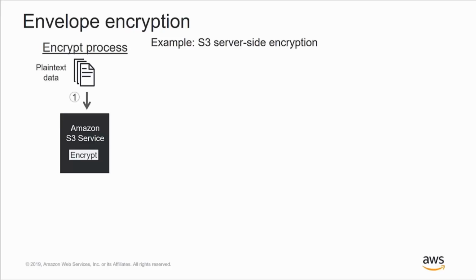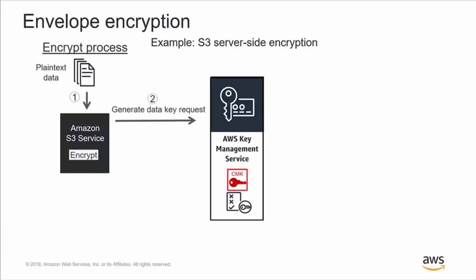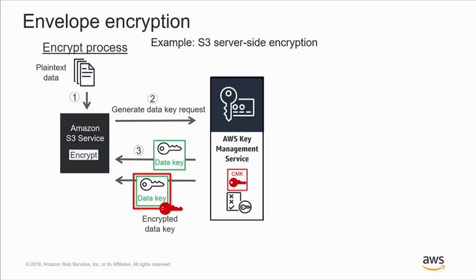We're providing it to the S3 service, and we'd like it to be encrypted. S3 reaches out to KMS and requests that a data key is generated. KMS generates the data key inside one of the HSMs that are part of the KMS fleet. The data key is encrypted by your CMK, according to a policy that determines whether or not you're even allowed to use the key to encrypt stuff.